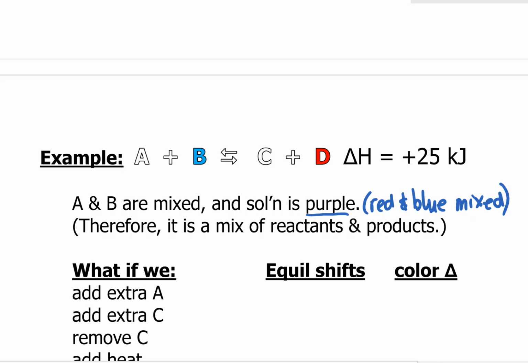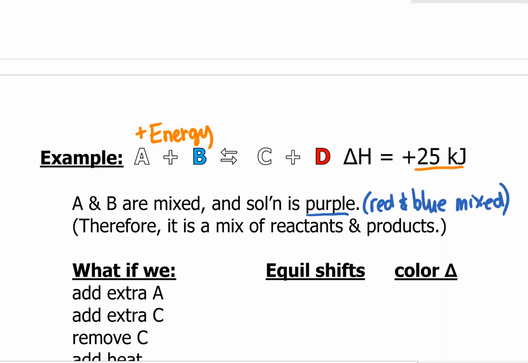So that tells us that starting off at equilibrium, we have similar amounts of reactants and products. And while we're at it, let's look at this energy term. This energy term, that's an endothermic reaction. So energy is a reactant, or you could think heat is a reactant.